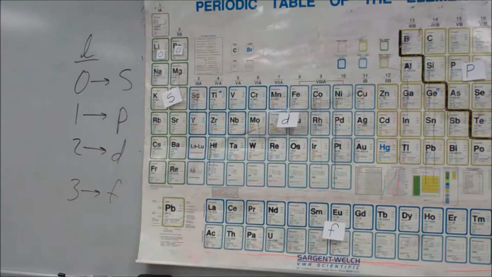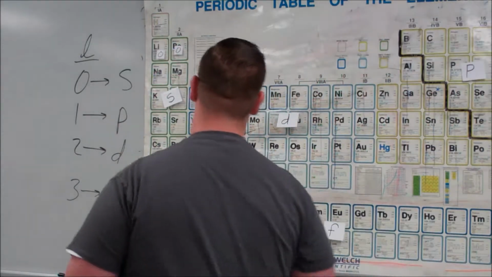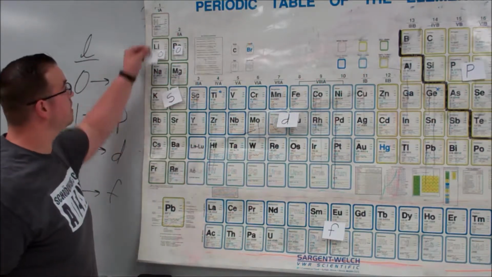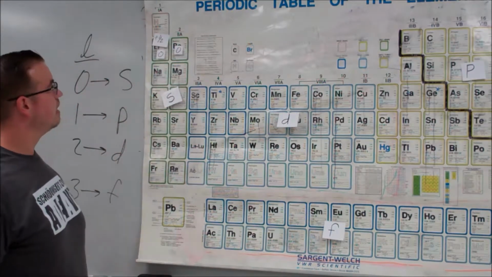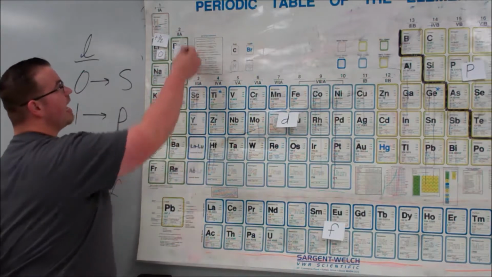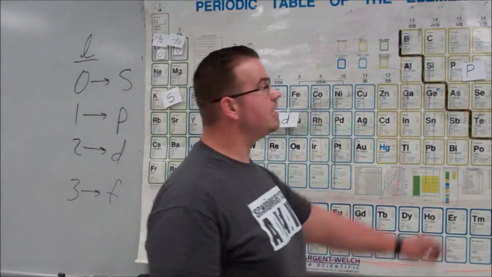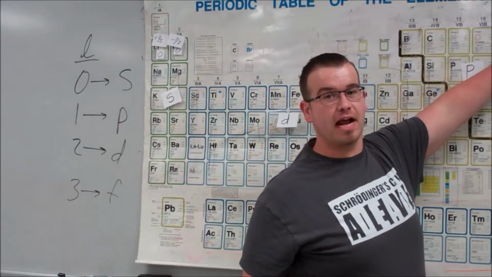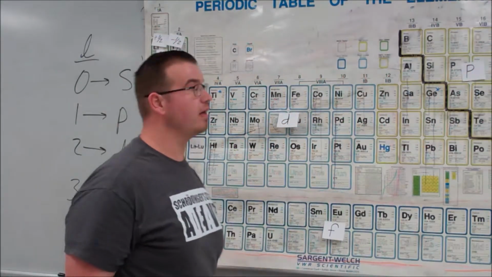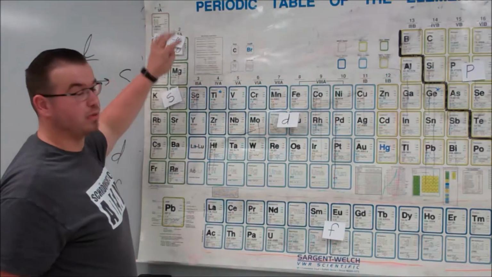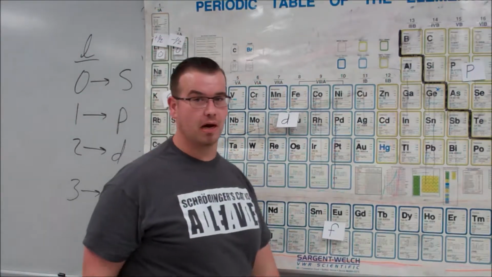Then the first column is your first electron you put in there, so it's a plus 1/2, and the second column is a negative 1/2. Remember, helium is right here in the S block. It is not in the P block.